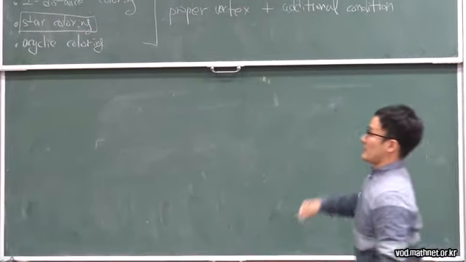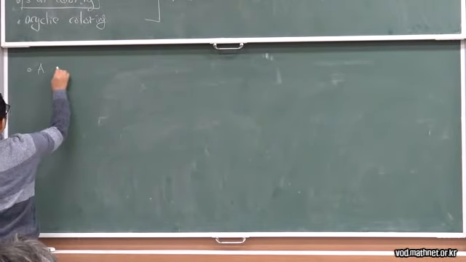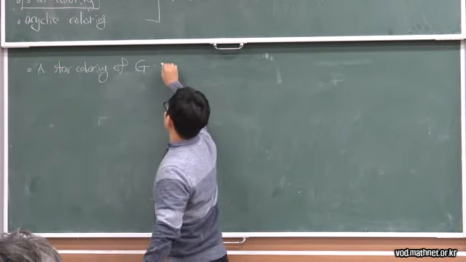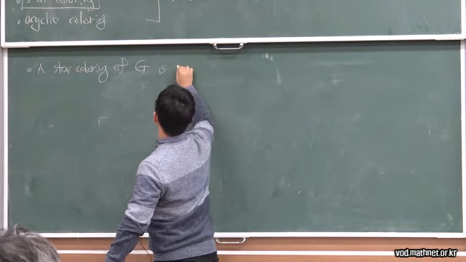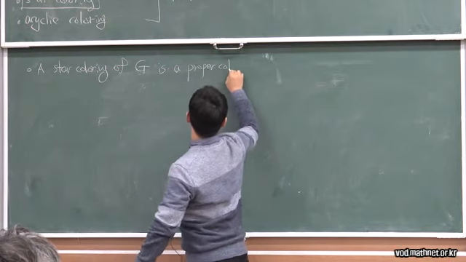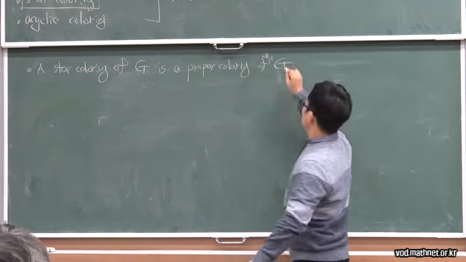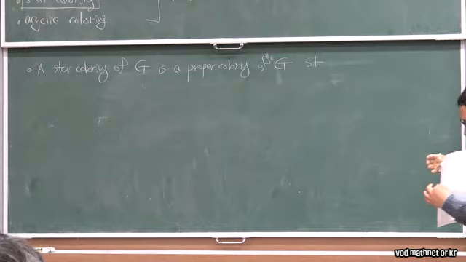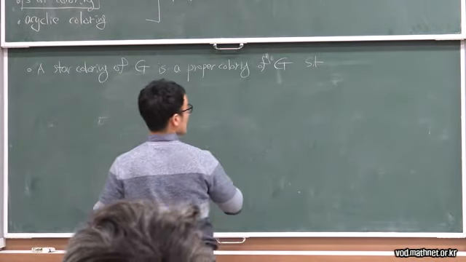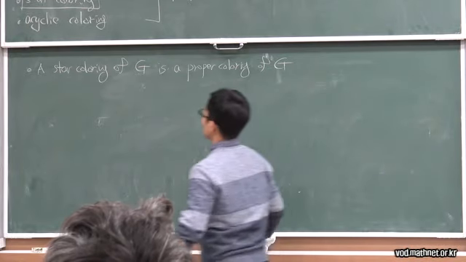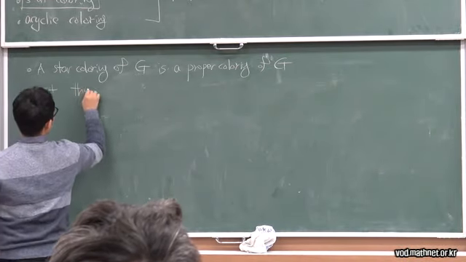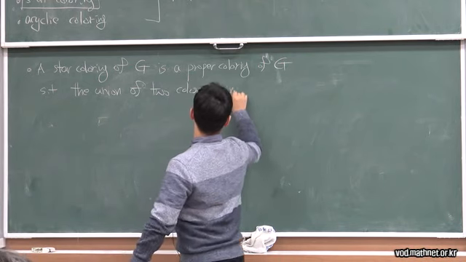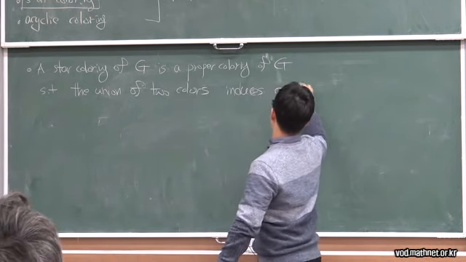Let me define star coloring first. A star coloring of a graph G is just a proper coloring of G such that, looking at the union of two colors, the union of any two colors induces a star forest.